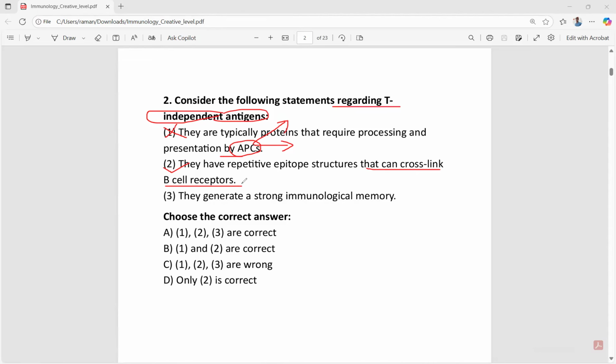So this is the right answer. They generate a strong immunological response. Only T dependent antigens elicit a strong immunological response. So option D is the right answer.